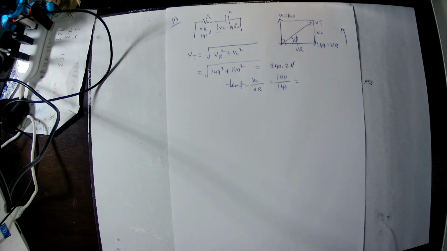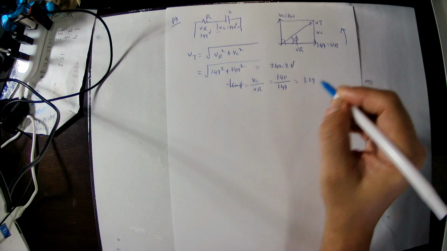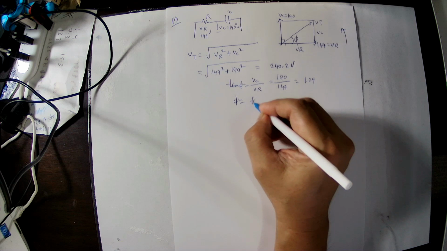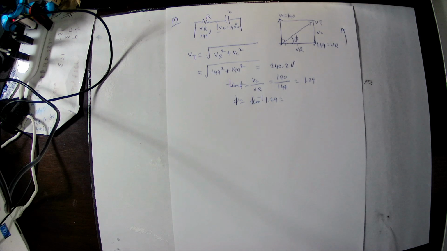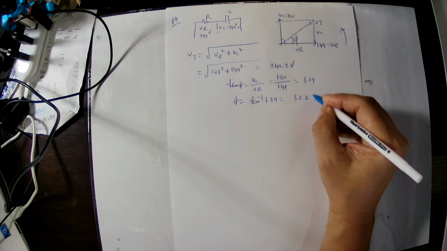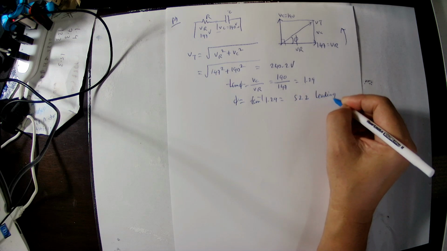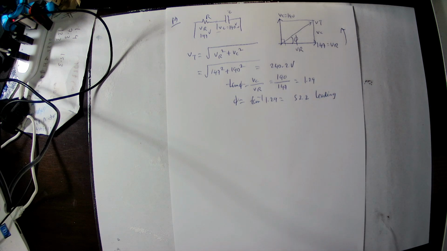So we got 1.29. So phi is tangent inverse 1.29, so we got 52.2 degree leading. So the supply voltage magnitude is 240 volt, and the angle is 52.2 degree leading. So this is how we calculate it.